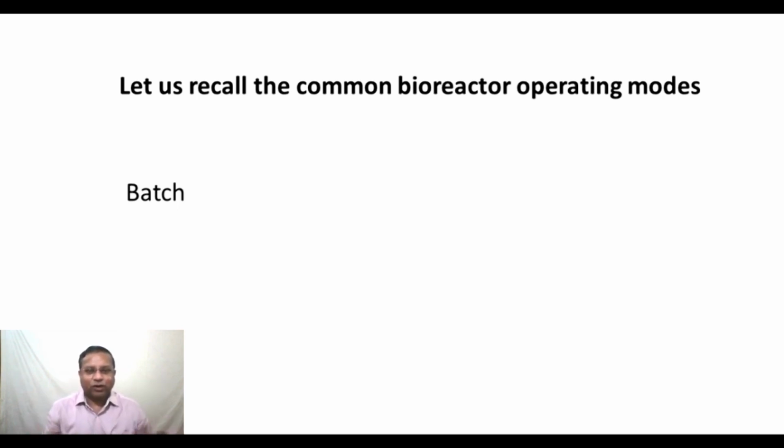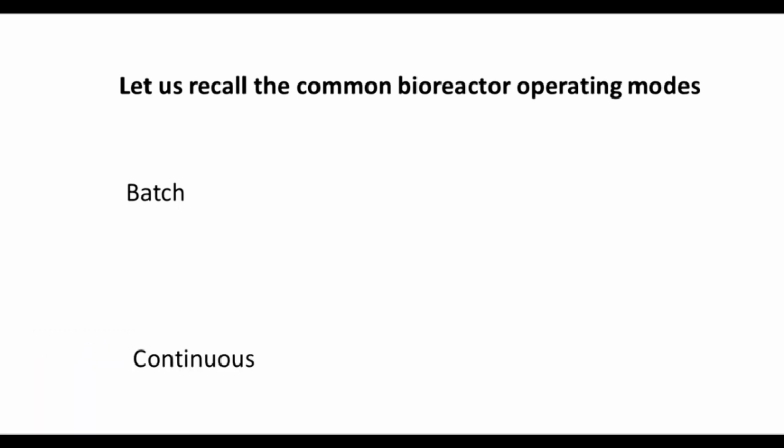There is no addition or removal. The process takes place inside the batch reactor with no addition or removal, and at the end of the batch time you take the contents out and go for processing. The batch time begins after everything has been added, and the batch time ends before things are removed. That is the batch mode of operation.